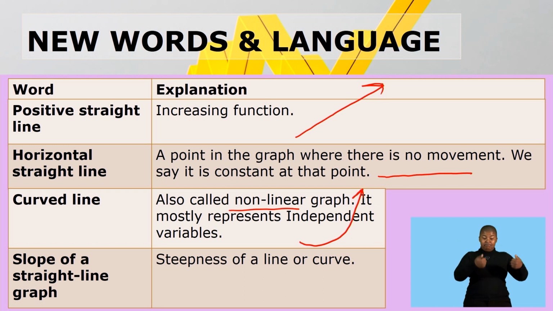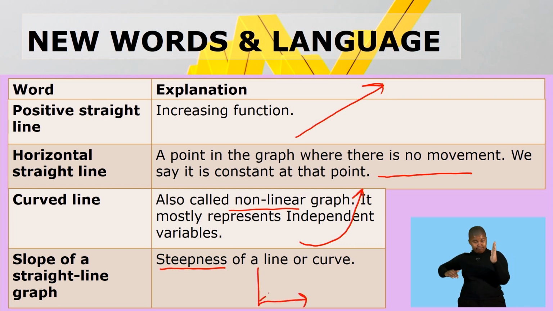And then the slope of a line on a straight line graph is the steepness of a line. So if we look at a set of axes, the steepness of the two lines will then determine the slope.